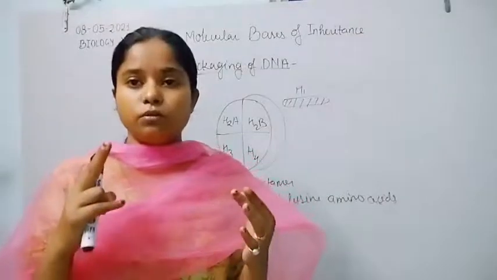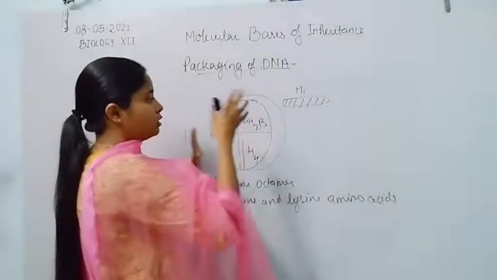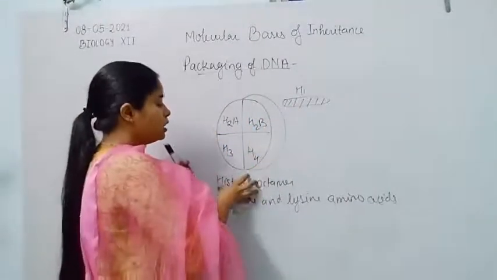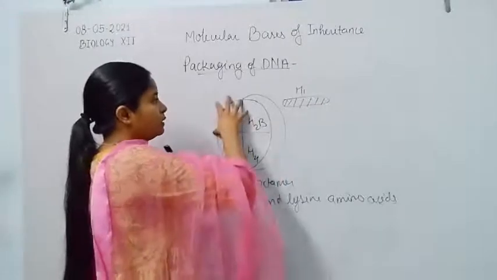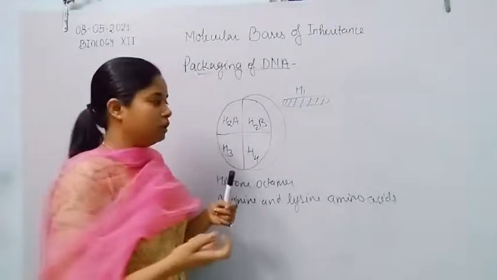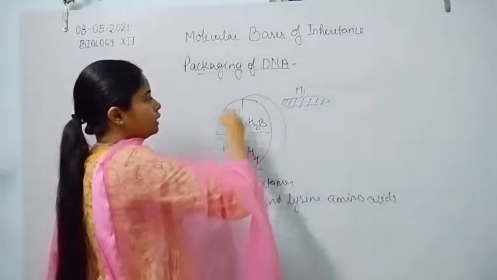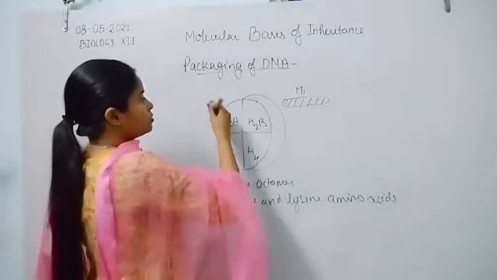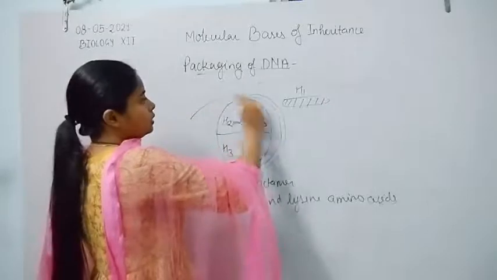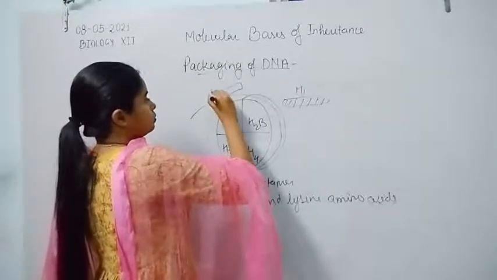So interaction occurs between the positive and negative charges, and that is why the DNA molecule wraps around the histone octamer, and that can be fixed by the H1 histone protein. So the H1 histone protein fixes the binding of the DNA molecule when the DNA molecule wraps around the histone octamer.